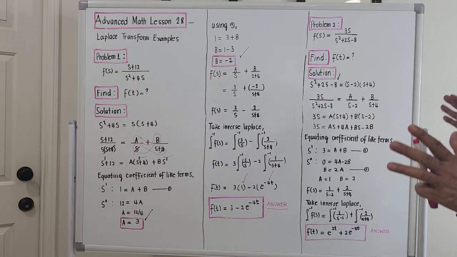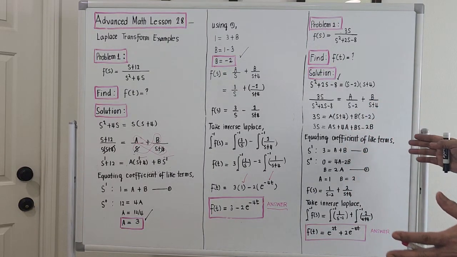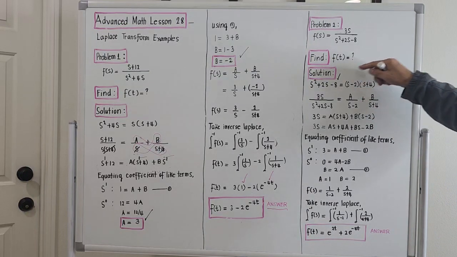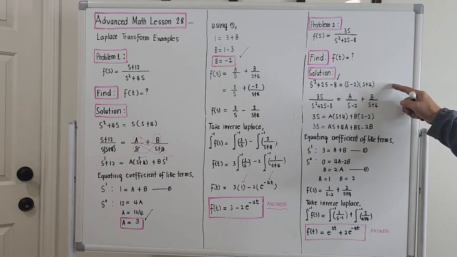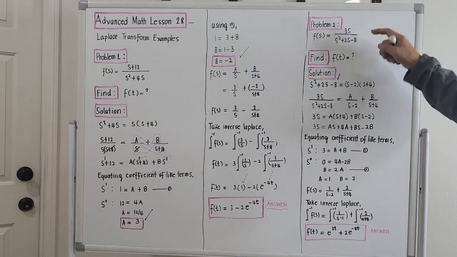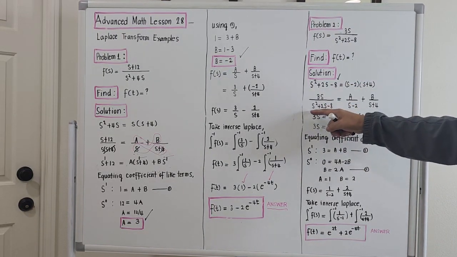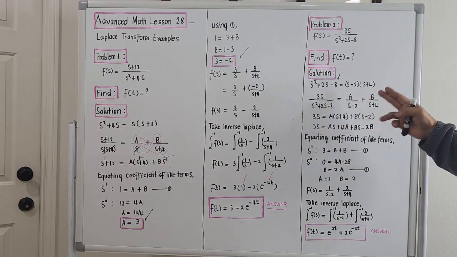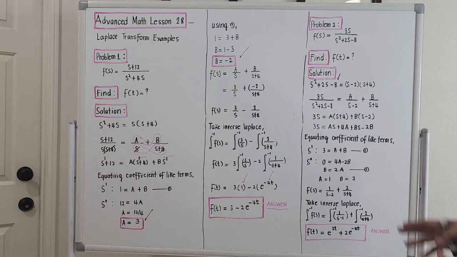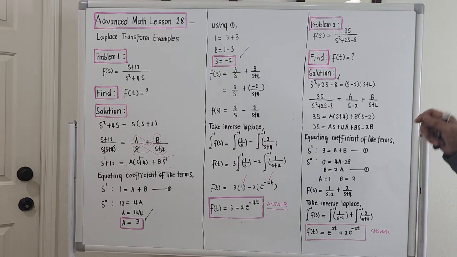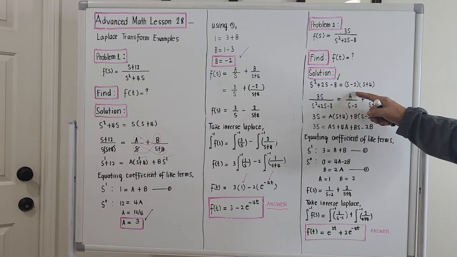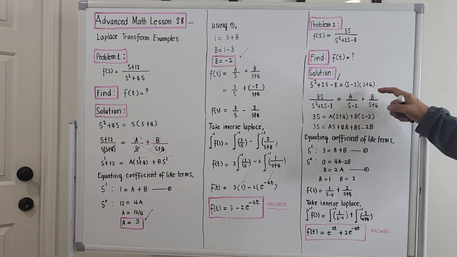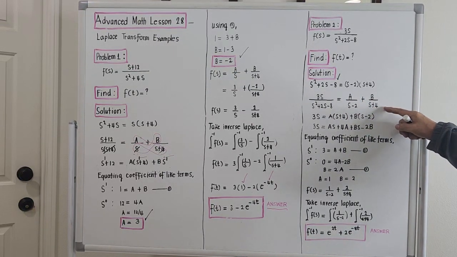We are just evaluating the values of A and B, because since there are two linear factors, there should be two unknown constants A and B again. So 3s over s squared plus 2s minus 8 should be equal to A over the first linear factor plus B over the second linear factor.